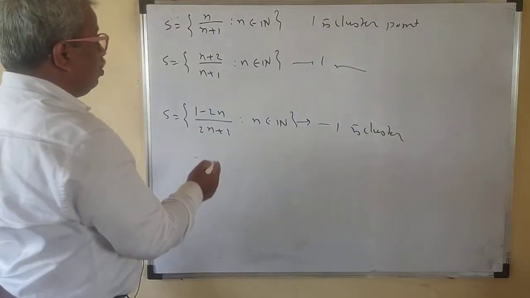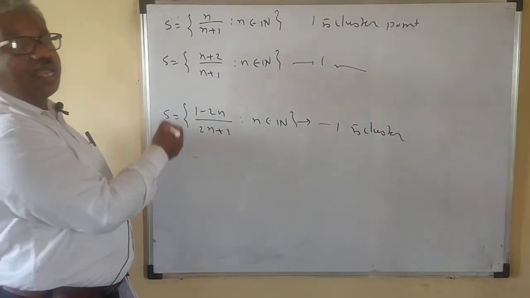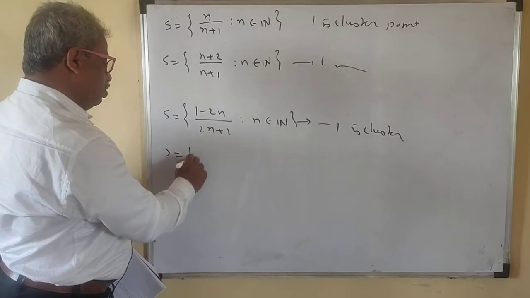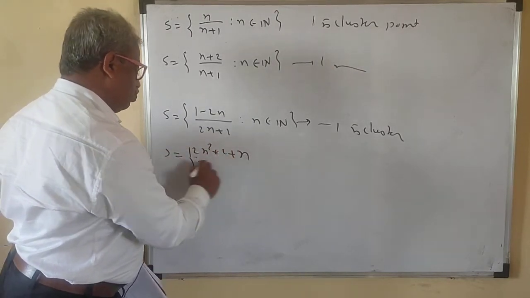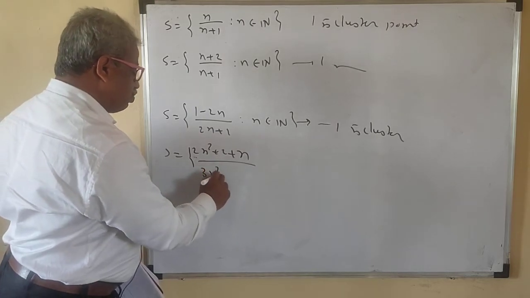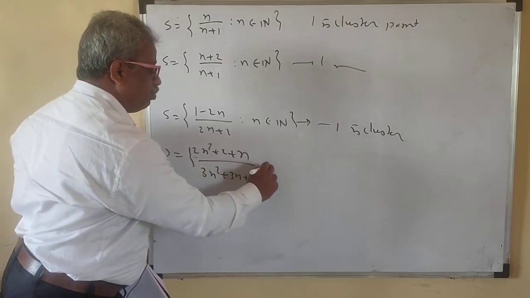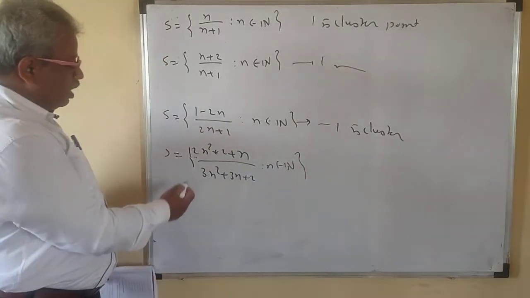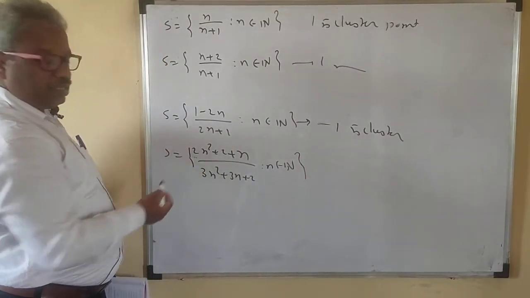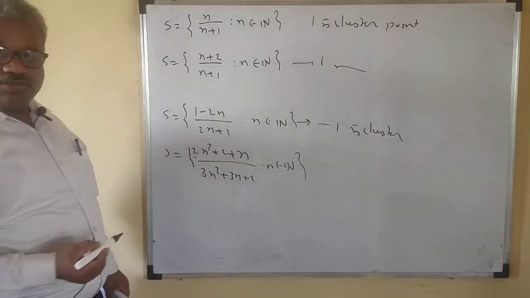Here, look at the coefficient of the highest power. Suppose S is equal to 2n square plus n upon n square plus 3n plus 2, where n belongs to N, and we want to find the cluster point of this. The degree of the numerator is n square, and the degree of the denominator is also n square.